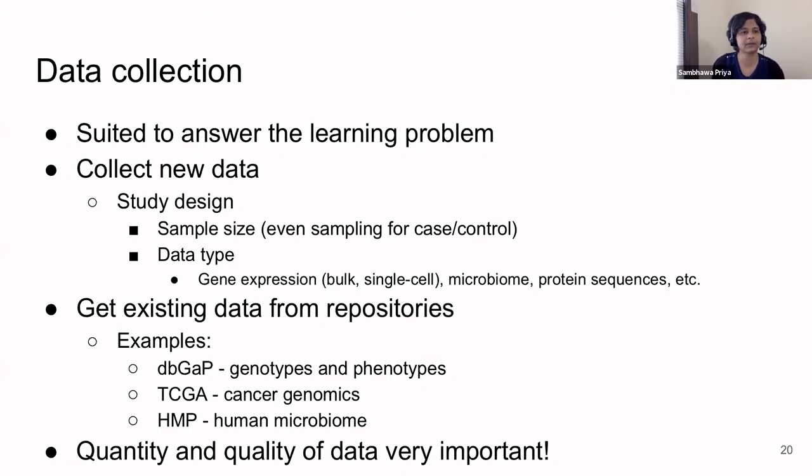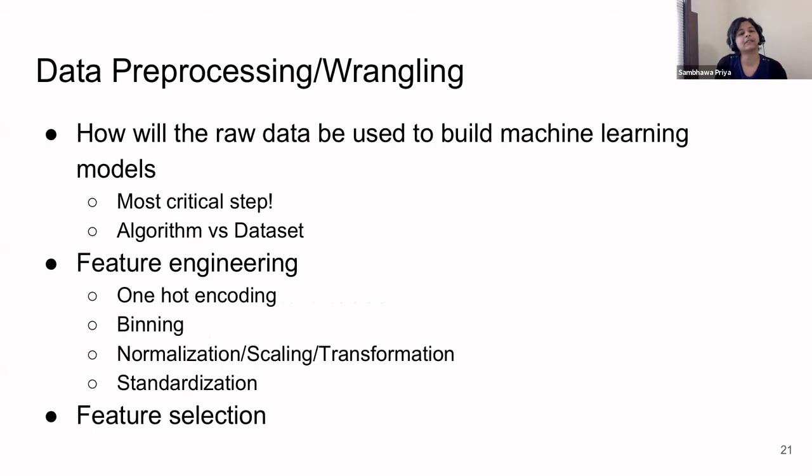And then next is the data processing. This is a critical step: how will the raw data be used to build machine learning models? One may ask how the success of a machine learning algorithm may rely primarily on the data set and not on the algorithm itself. The explanation is that the most popular machine learning algorithms are well established, but each data set is unique, with domain specific features.